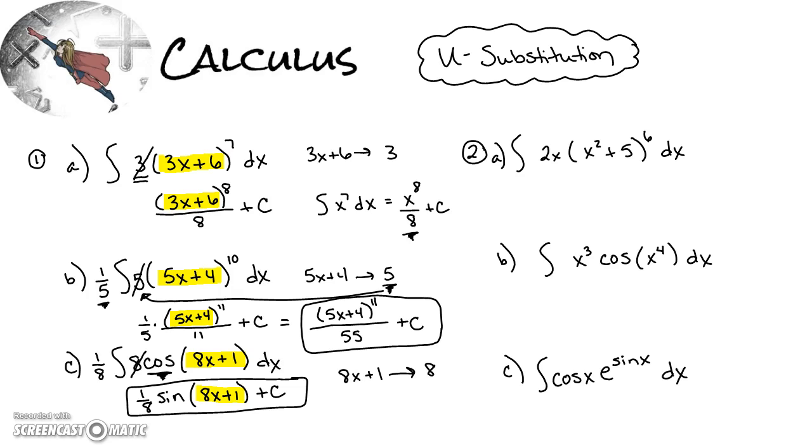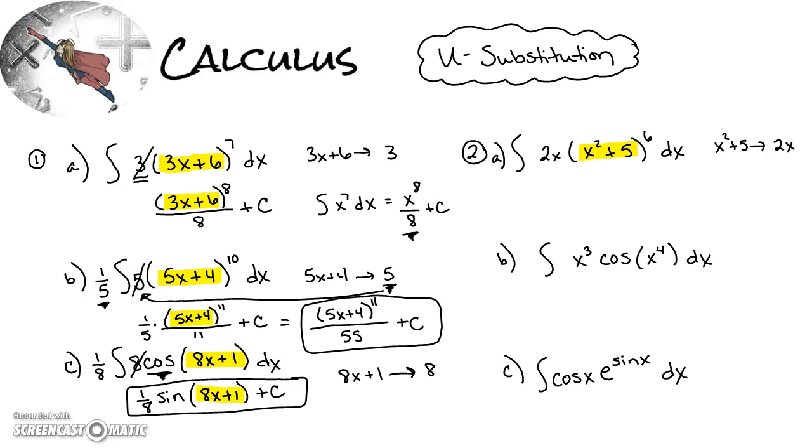And now let's go over to number 2. These are a little bit harder because the inside derivatives aren't just constants. They're going to have an x involved. So in 2a, the inside function is x squared plus 5. If I jot to the side, x squared plus 5, its derivative is 2x.